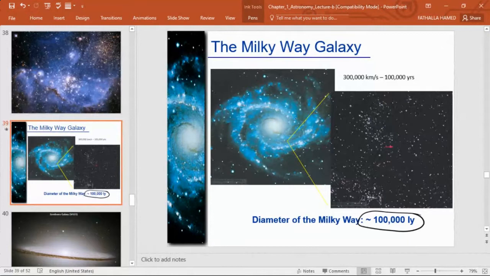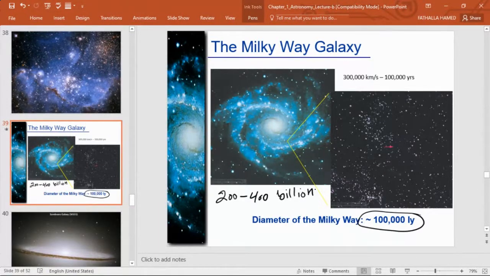Now, the Milky Way galaxy, we say it's about 100,000 light years. It may extend to 120,000 light years, depending on who you talk to. And the number of stars in the Milky Way galaxy may vary between 200 to 400 billion stars.